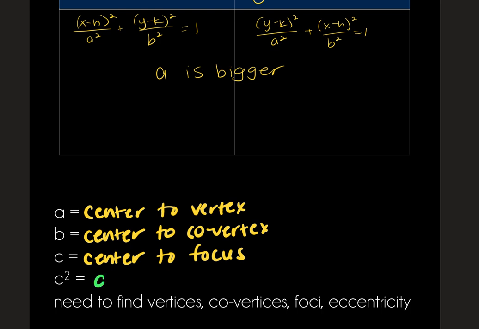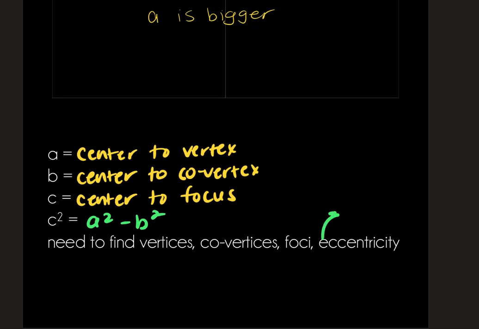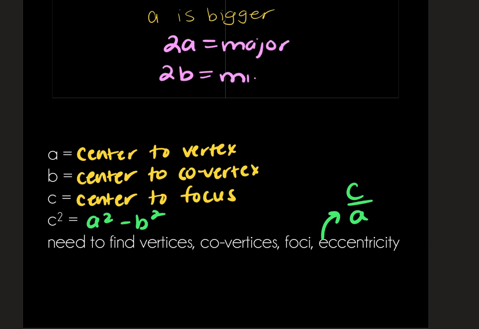And c squared equals a squared minus b squared, the opposite of the standard form. You're going to have to find your vertices, your co-vertices, your foci, and your eccentricity, which is c over a. And we need to know that 2a is your major axis and 2b is your minor axis.